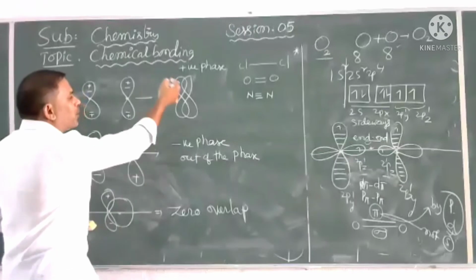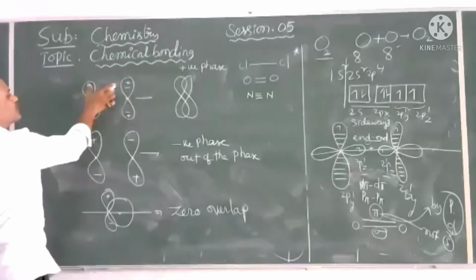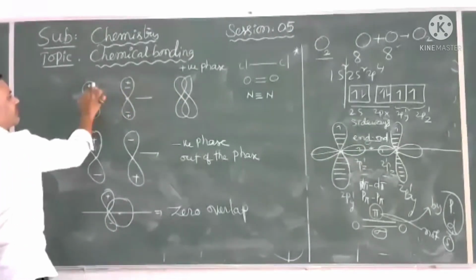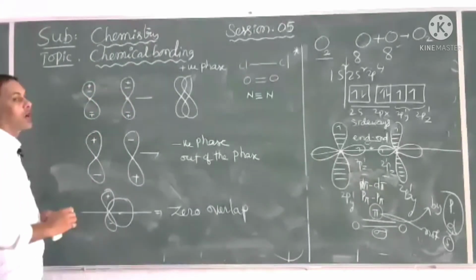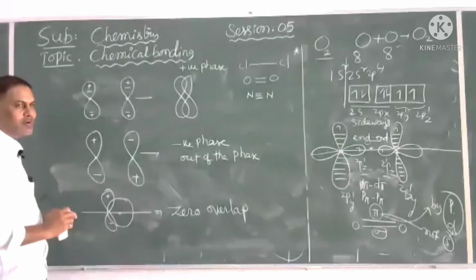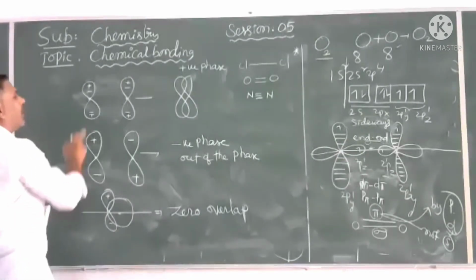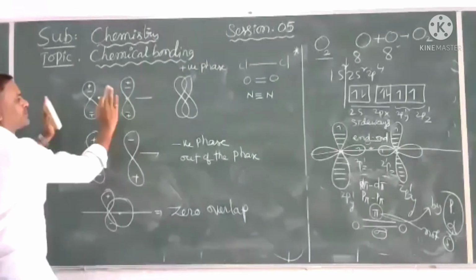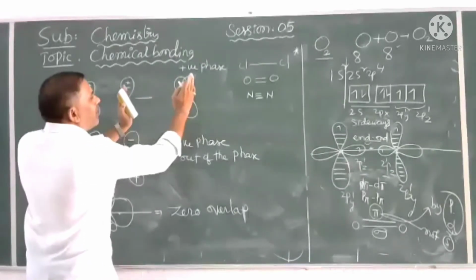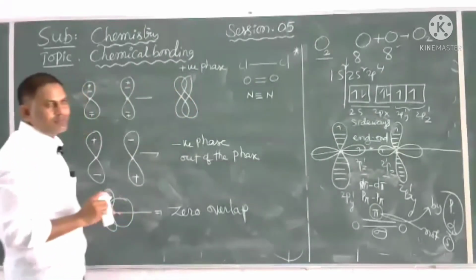For positive phase, the lobes' sign must be the same, positive-positive or negative-negative, whether the electron overlap is clockwise or anticlockwise. The same sign of lobes gives a same-phase overlap.